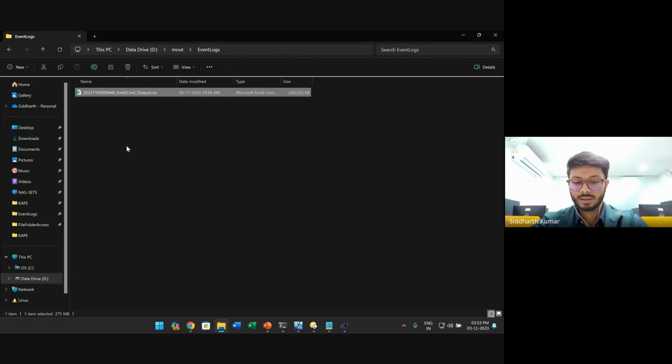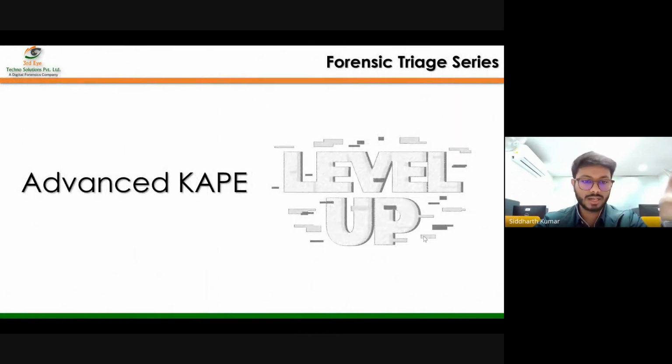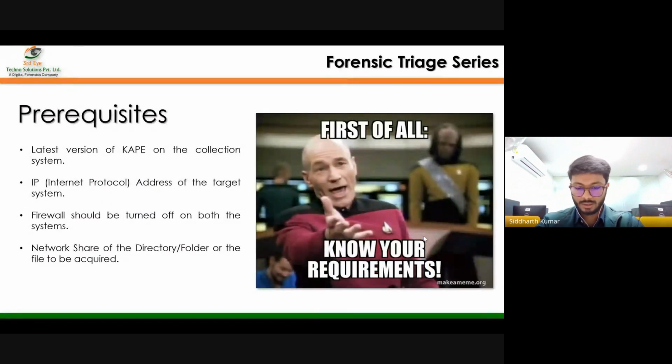So hopping on to our presentation once again, this was how advanced KAPE works, just a brief overview or demo of how KAPE would work. Now let us come to the remote acquisition part using KAPE. Before I jump onto the remote acquisition, I would like to make sure that we know what the requirements or prerequisites are.